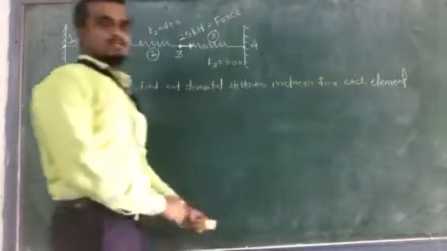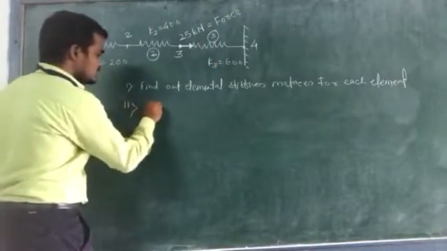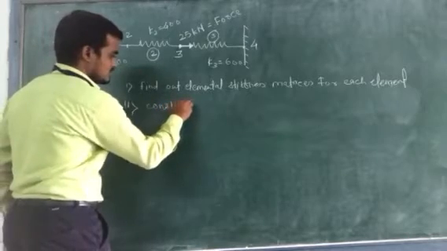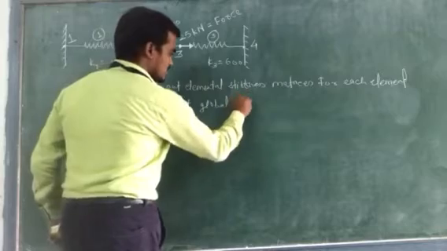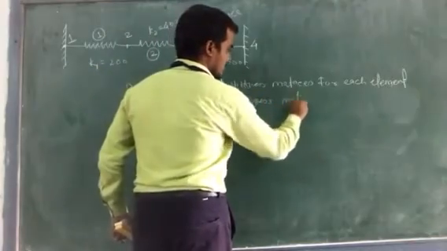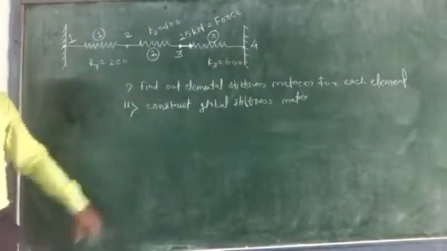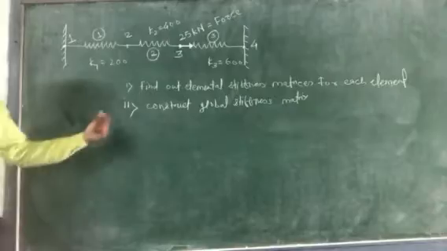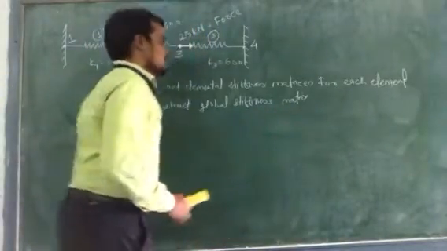Okay, so this is the first step. Second, construct the global stiffness matrix. When you get the elemental stiffness matrices for each element, the next step is to construct the global stiffness matrix.